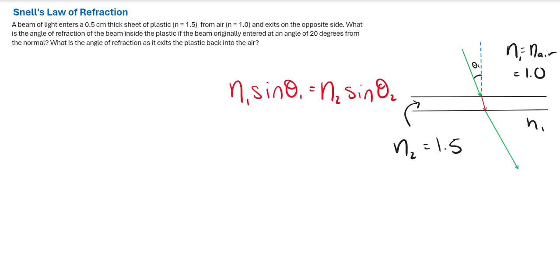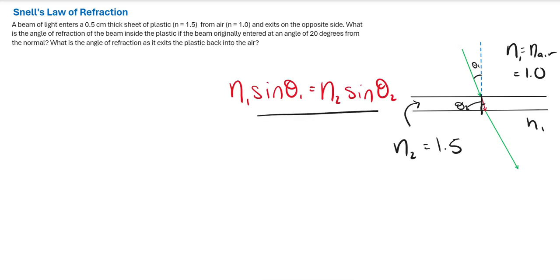Call that theta 1. For this first part of the problem, the angle that we're measuring for is this tiny little angle here, and that is theta 2. So we're first solving for the angle that it is refracted while it's in plastic. We're going to use this equation.